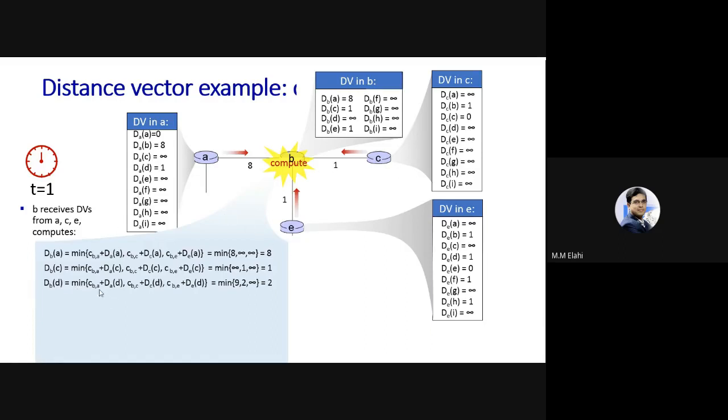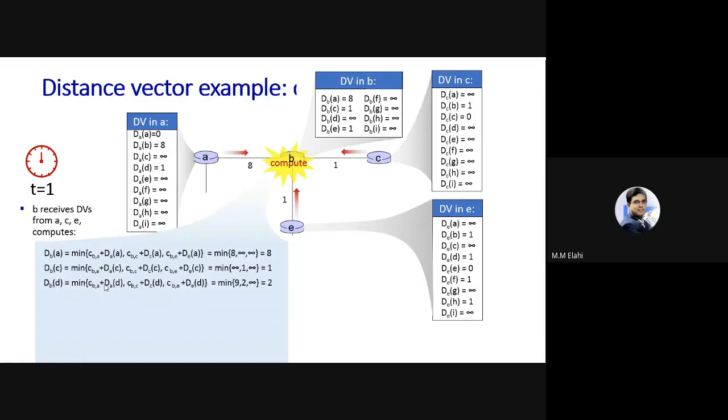So for A, it will now be C B to A. So it will go from B to A and then A to D. Now this capital D, A to D, it will get from A's advertisement, right? What is the value of A to D? 1. It's not from the graph. It's from the advertisement of A. That's how B will know that.